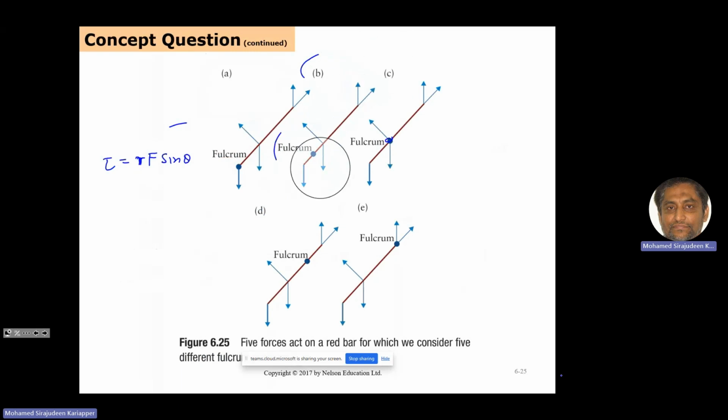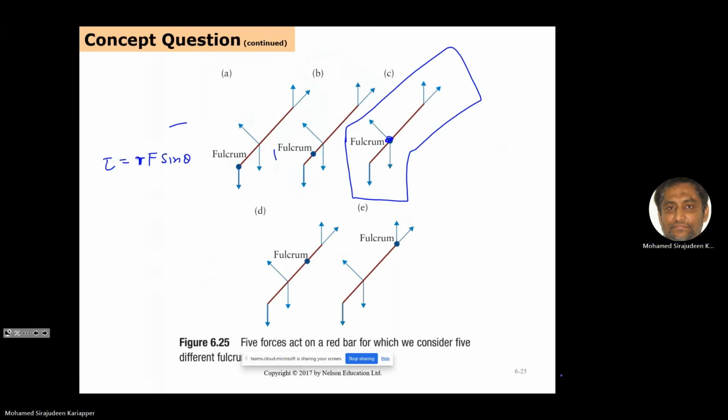Okay, number C. The fulcrum is here now. Number 1 is positive. Number 2 is 0.